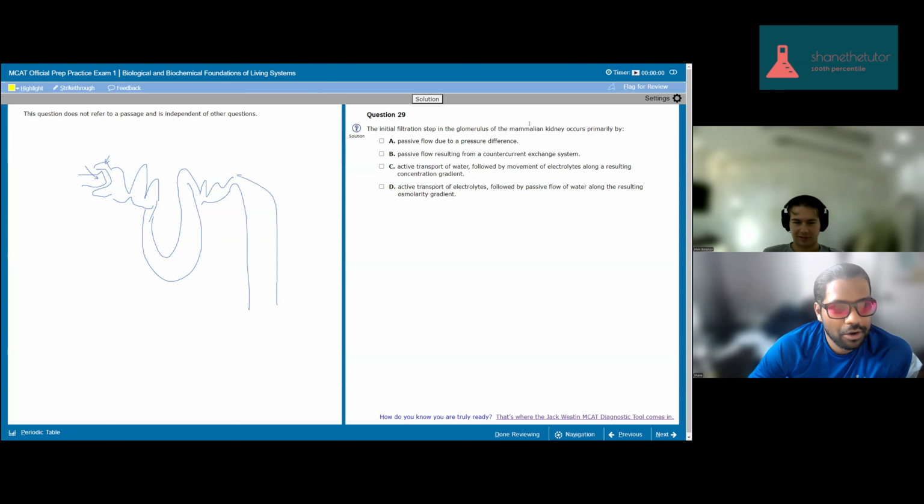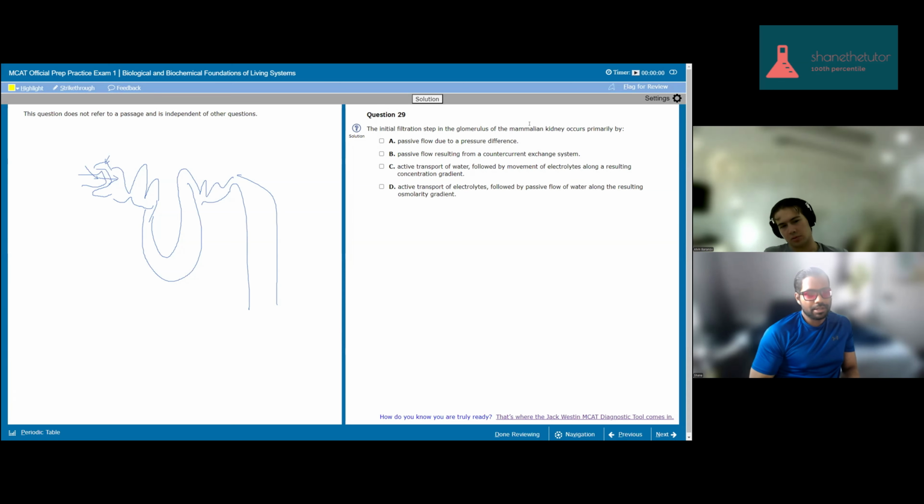So we're essentially filtering our blood by getting it from the glomerulus into the Bowman's capsule. How does that work? I don't remember. Is it small things that get filtered out or big ones?